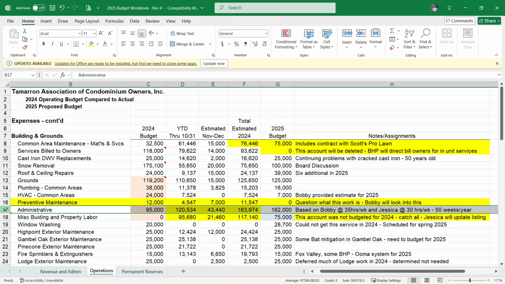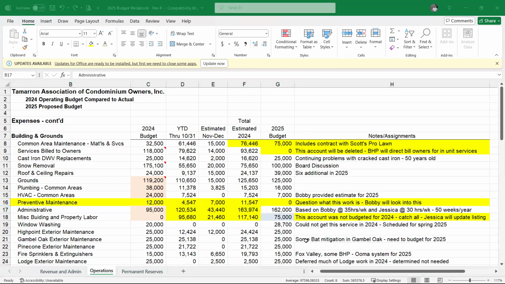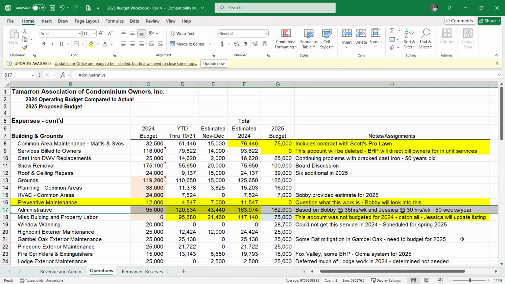If they're going to be breaking off to bill owners directly, then some of that administrative time shouldn't be billed to Tamaron. It should be part of the bill to owner process. As Cheryl knows, being a contractor, you have administrative fees in your fees, and it's all new, so we're still finding our way. But that's where we are right now with both of those being a flat fee for Tamaron. Makes it a lot more controllable for us.